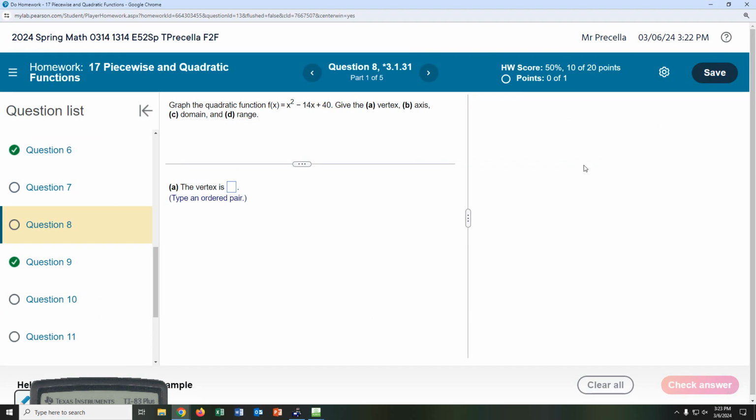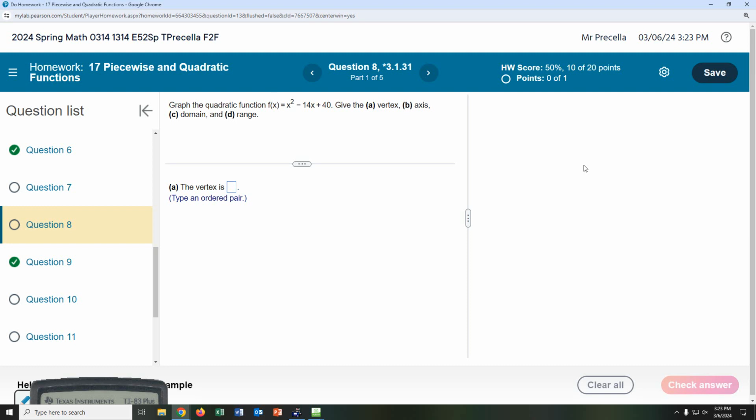Just looking at the equation, you know whether it's opening up or down. That number in front of the x squared, is it positive or negative? Well, we assume it's a positive 1, don't we?